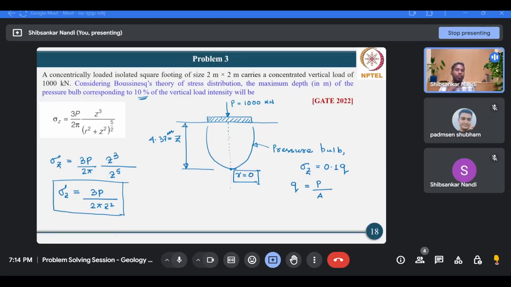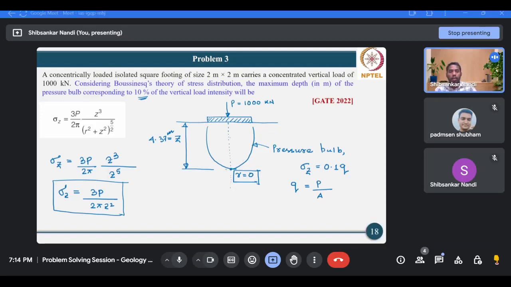Just remember this expression for the vertical stress distribution, and at what point you will be getting the maximum depth of the pressure bulb. As I have discussed, the pressure bulb takes this shape.